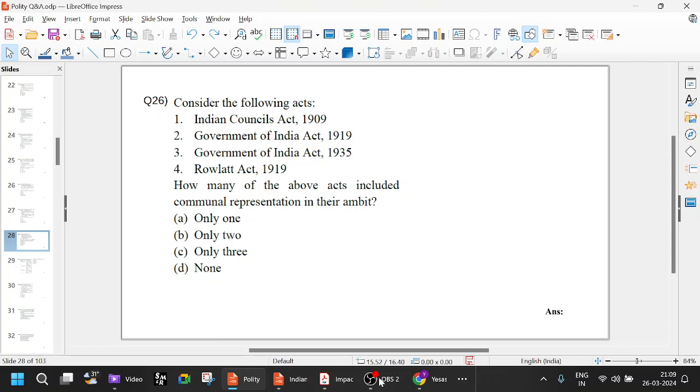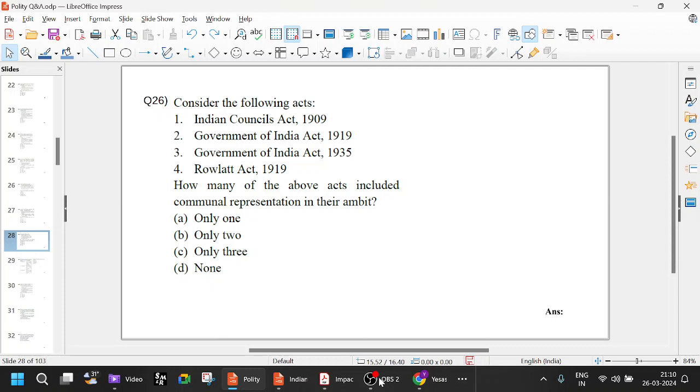So in order to control that, the Rowlatt Act of 1919 mainly said that you can arrest anyone without a trial. Without any jury or trial, you can arrest and keep in custody. In response to this Rowlatt Act 1919, people gathered at Jallianwala Bagh.